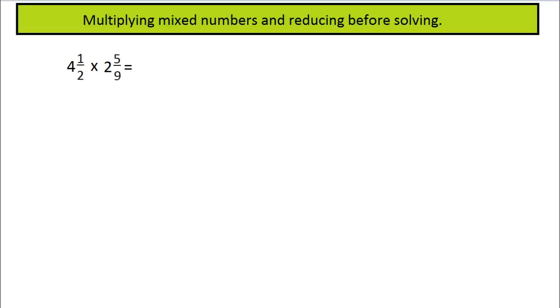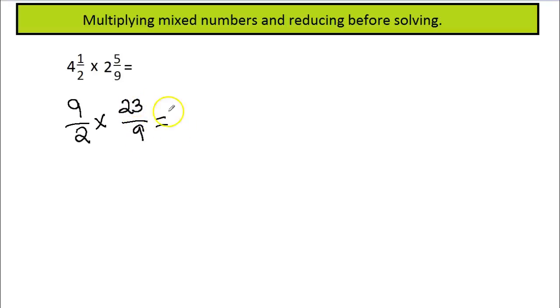Let's take a look at another quick example. We have 4.5 times 2 and 5/9, and I want to change that 4.5 to a mixed number, to an improper fraction. And that's going to become 9/2, multiplied by 2 and 5/9, which then will become 23/9.